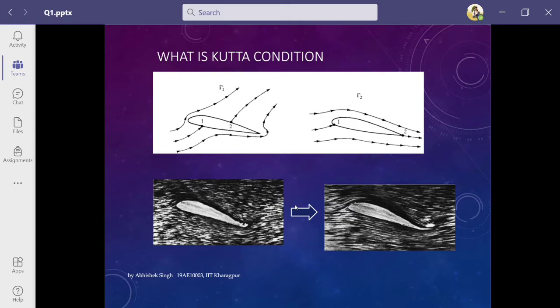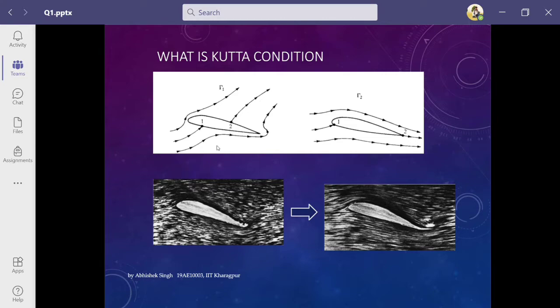As we can see in the images below, the first image shows the starting of the flow, when the airfoil just starts moving in the flow, or when the airfoil is just put into the wind tunnel. We see that initially the flow is leaving in a way very similar to what we have seen on the left side of this top figure.